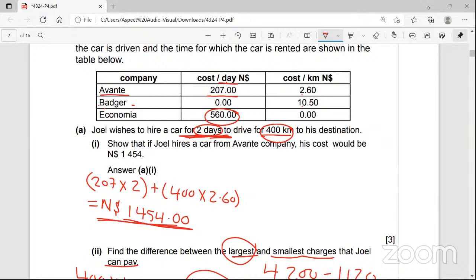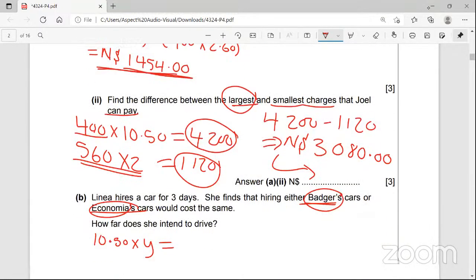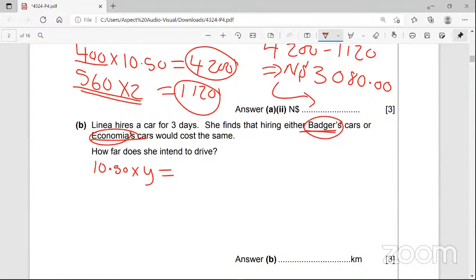So they basically charge $560, so it's going to be equal to $560 multiplying time, because they charge per day. But they've given you that this person hires a car for how many days? For 3 days. So we are going to multiply with 3. And therefore, this one will just be 10.5y equals what?